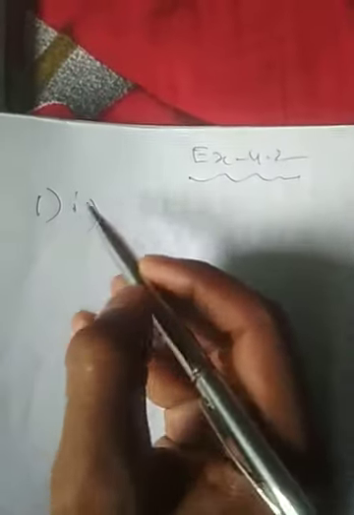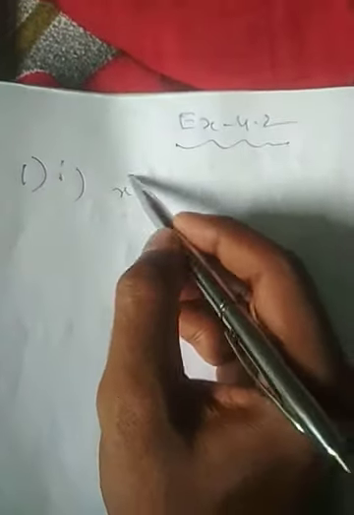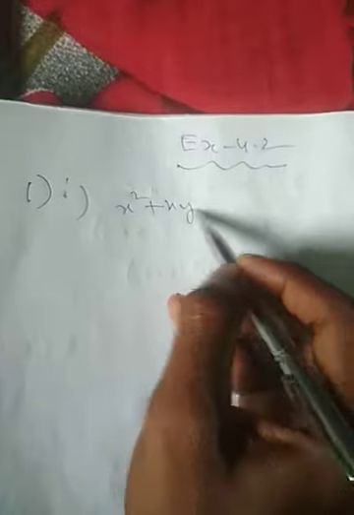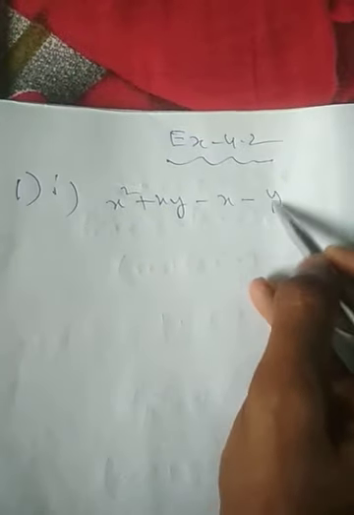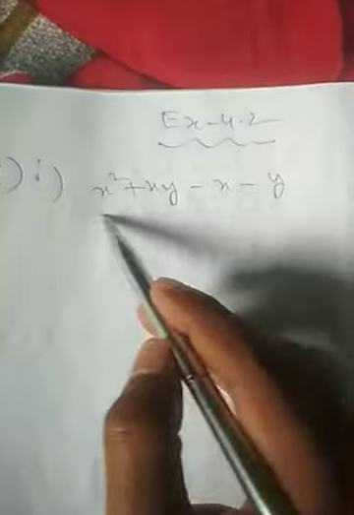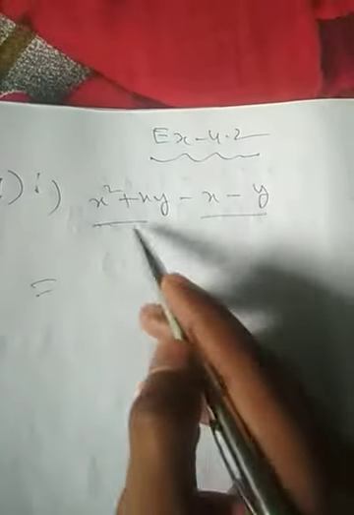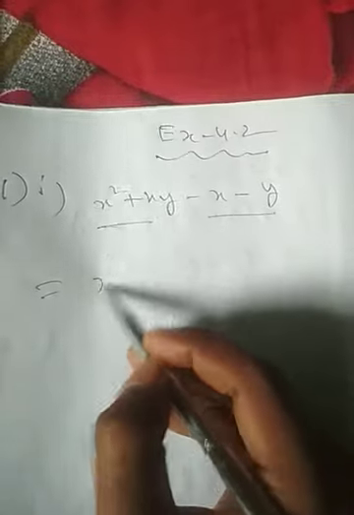Exercise 4.2, math number 1: x square plus xy minus x minus y. There are 4 terms; you have to separate them into 2 and 2. I am taking the common from the first two terms, that is x.